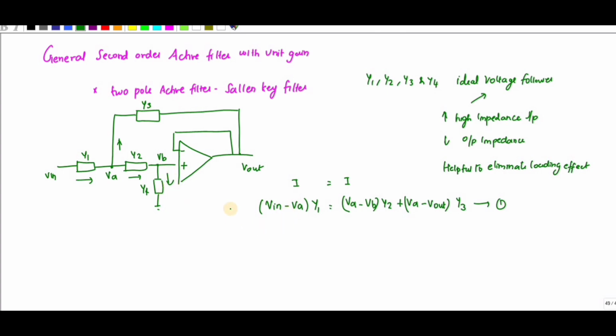For the second loop, I can write (VA minus VB) into Y2 that is equal to VB Y4. So this is your second equation. If this point is VB, this point is also VB. So here VB is equal to Vout, so you substitute here.